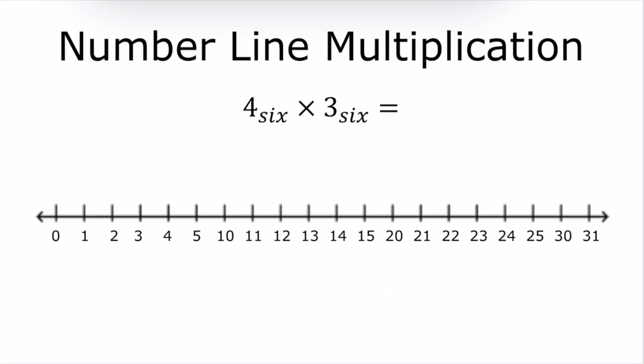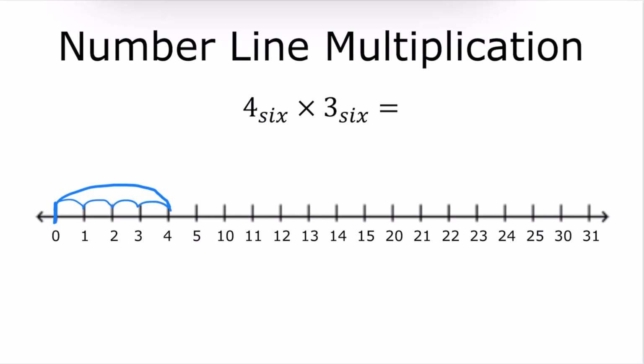So let's start off with number line multiplication. If we have 4 times 3 in base 6, the way that we would model this on a number line is we would say, okay, I'm going to be counting by 4s 3 times. So if I go from 0 to 4, that's one step of going 1, 2, 3, 4.